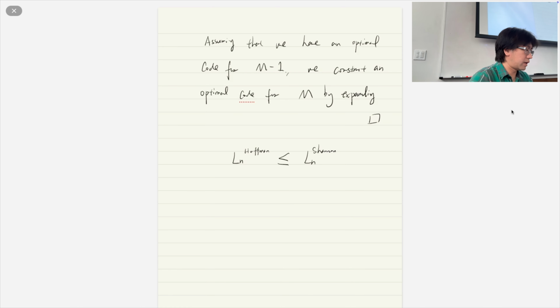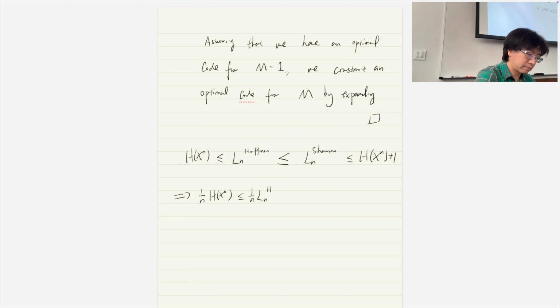And what we have shown before is that the Shannon code is less than this, and this, obviously, is bigger than or equal to this, and we showed that, okay? And then if we compute the average code length, it'll be 1 over n multiplied by this, which will be less than this.